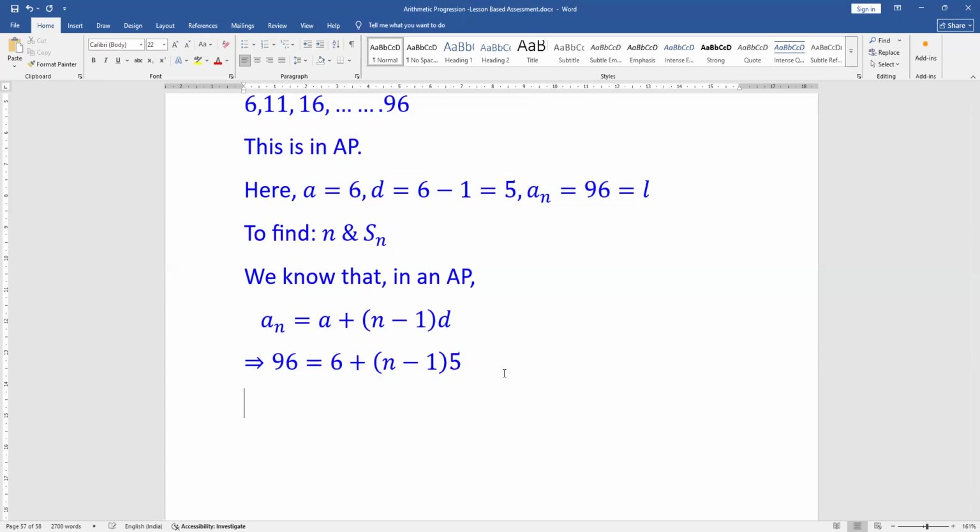Okay, then what I do is ಈಗ 96 ಇಲ್ಲಿ 96 ಆಗಿರುತ್ತೆ, 6 I should transpose it to the left hand side. So let me transpose that. So when transposed, we get 96 minus 6 on my left hand side, and on the right hand side I get (n minus 1) into 5.